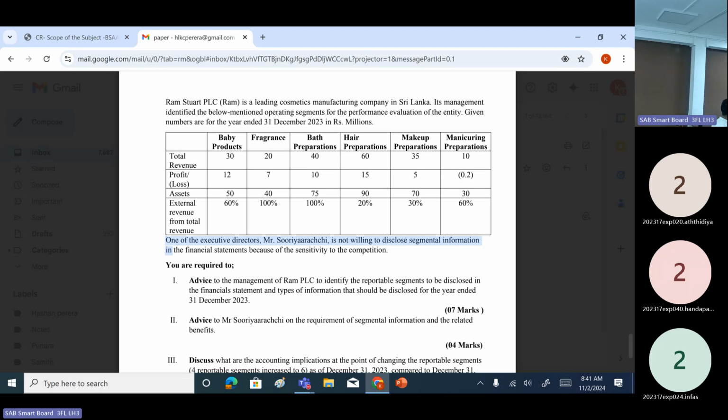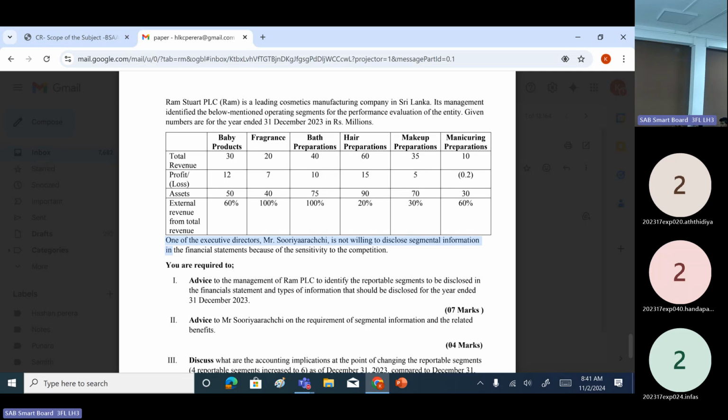Why we need to identify segments? Yes, why we need to worry about the segment of information? Why? In a company, we may have different segments. As a stakeholder, we should know the performance of different segments. Why?